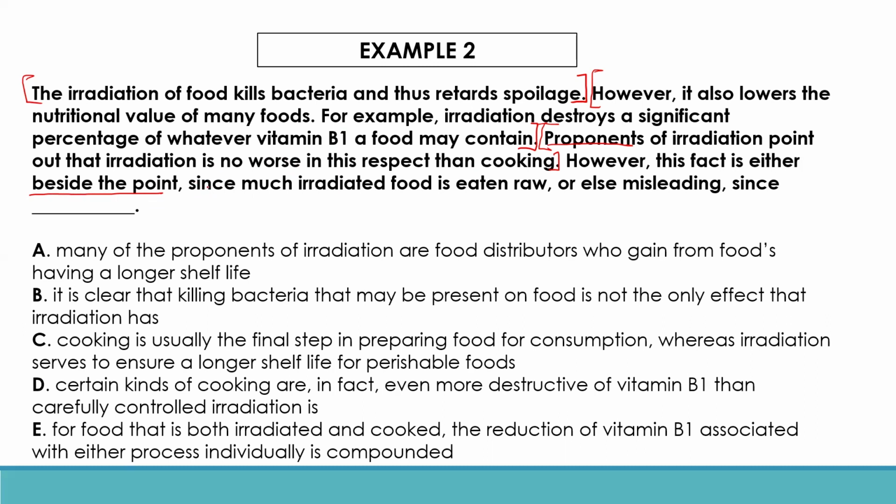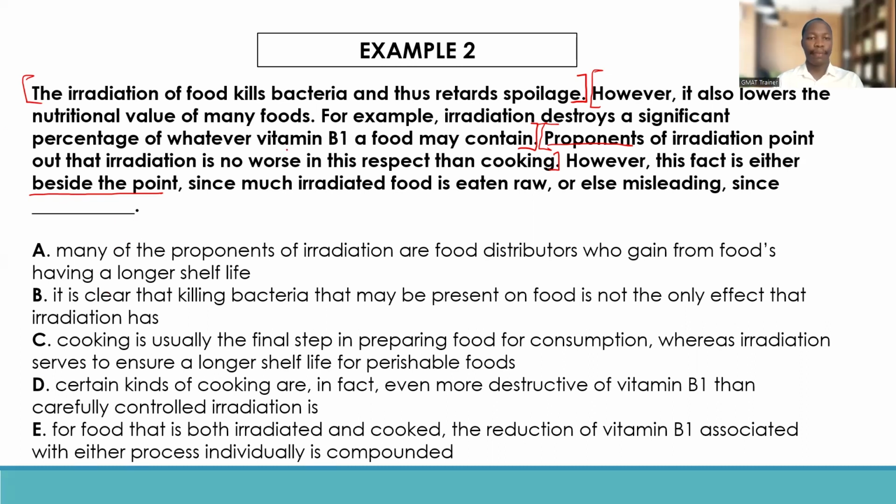Then the first argument or point against the proponent's argument is much irradiated food is eaten raw, right? Then, or else misleading, the second point, since we're being told there's a second point that the author is putting forward, right? So it is up to us to sort of identify what the second point could be, right?